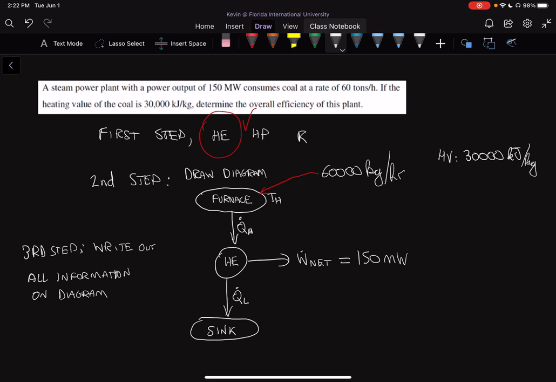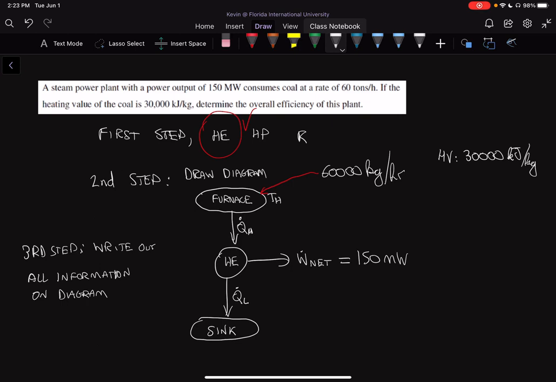That means that for every kilogram of coal you burn, you're going to get a heat of 30,000 kilojoules into your heat engine. From that, you can actually determine your Q dot H. We'll look at that in a second.